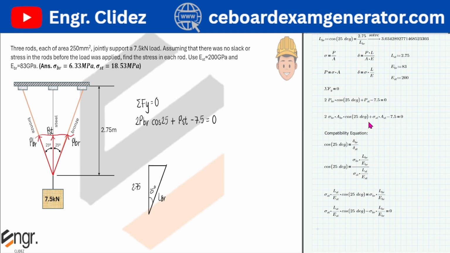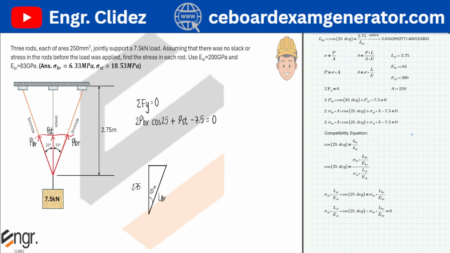So to solve the equations simultaneously, we can actually plug in the values. The three rods have areas equal to 250 millimeters squared. So A is equal to 250. Since all of the areas are the same, we can just define this as A. Now this is already in millimeters squared, so we don't have to convert this one.